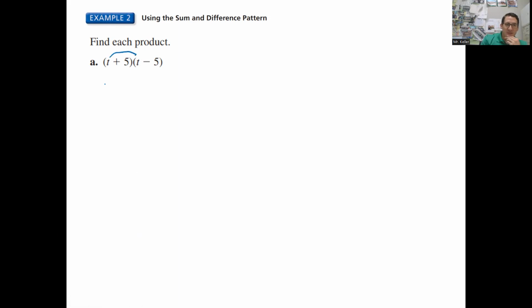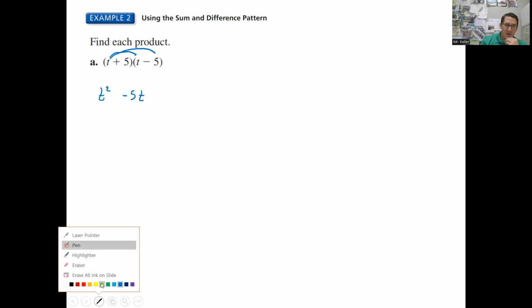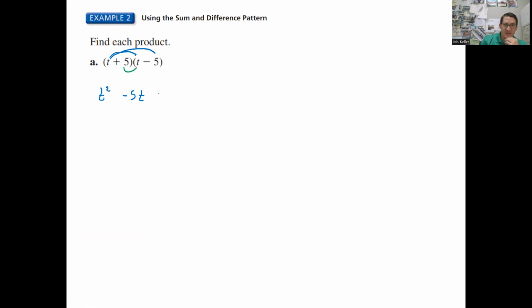So t times t is t squared. T times negative 5 is negative 5t. And treat that as a negative 5. Here, then I'm going to do positive 5 times t is positive 5t. And then positive 5 times negative 5 is negative 25.